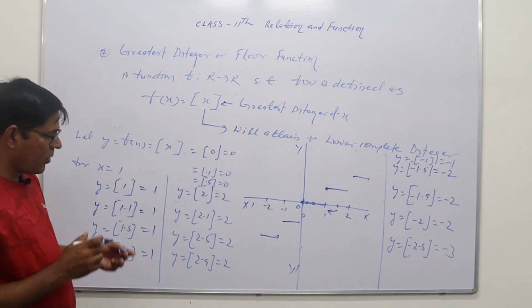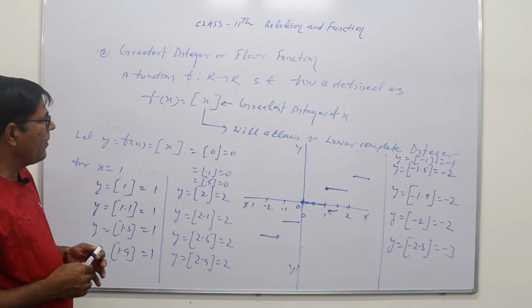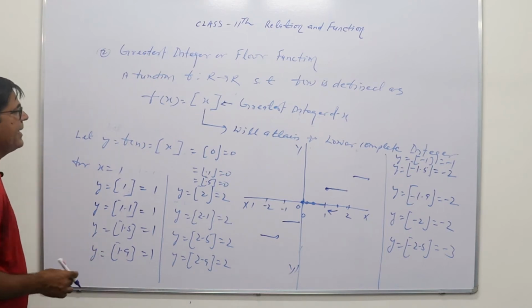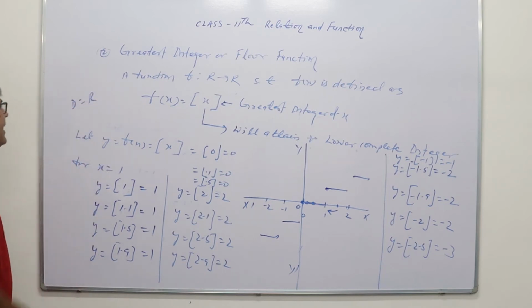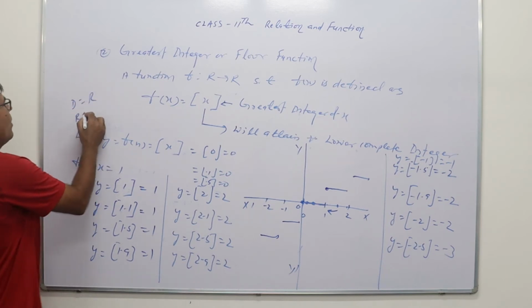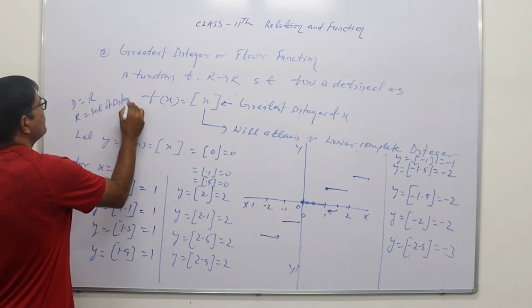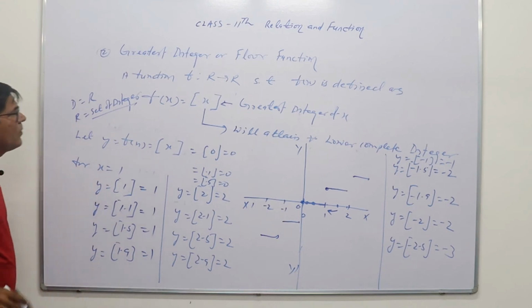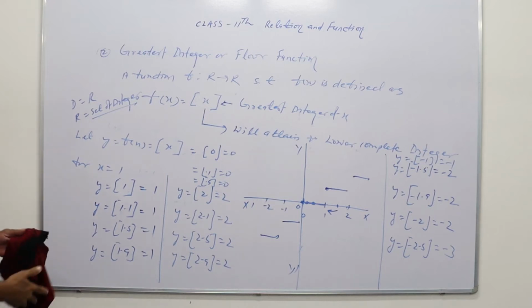Now by simple observation of this graph, the domain of this greatest integer function is the set of real numbers and the range will be only the set of integers. So this was the greatest integer function, its graph, domain and range.